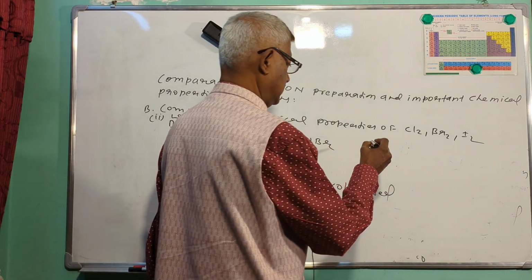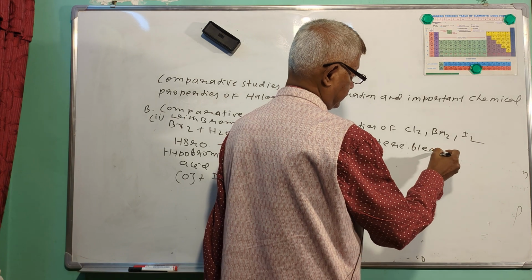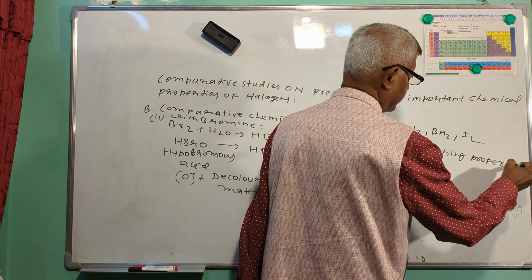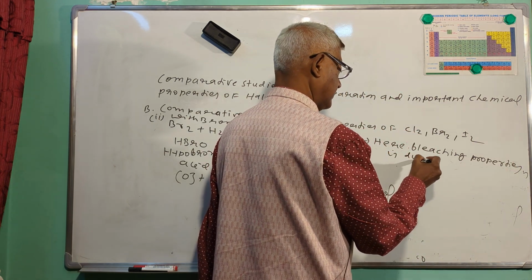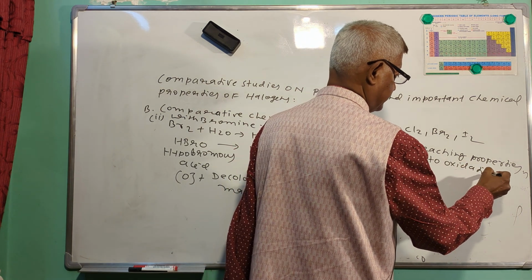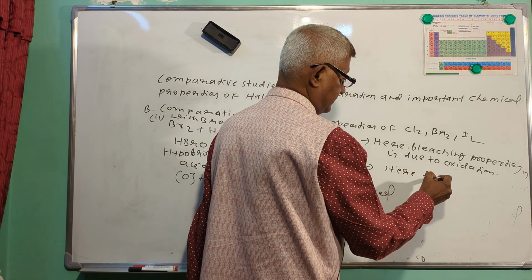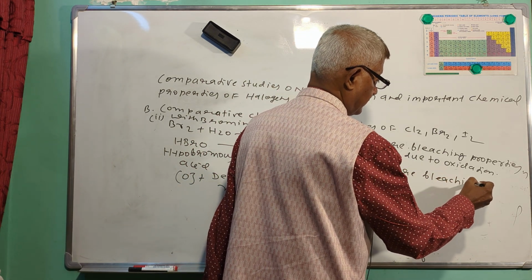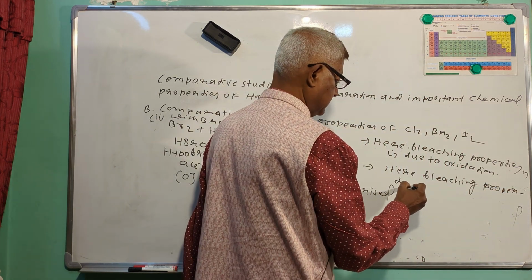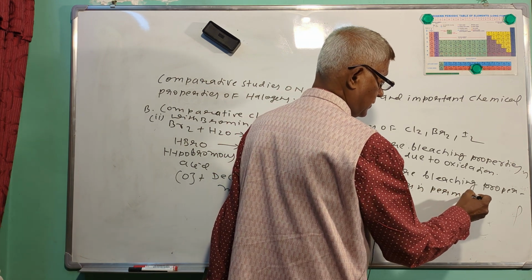In this case we have to remember, the bleaching property is due to oxidation. These are the main points. Oxidation. Here the bleaching property is permanent, like chlorine.